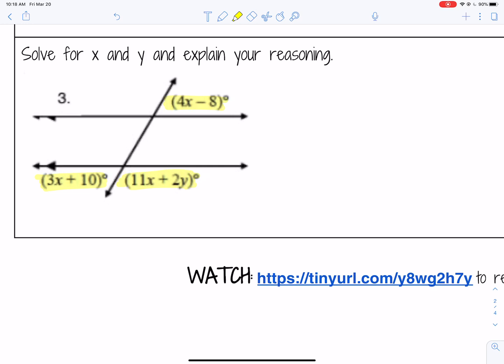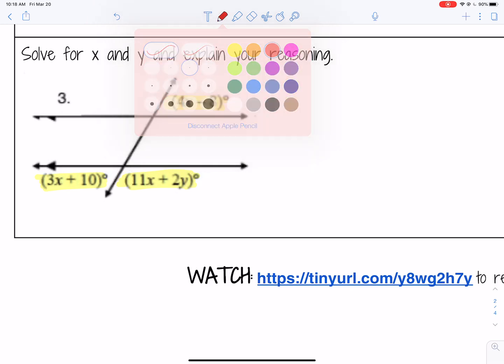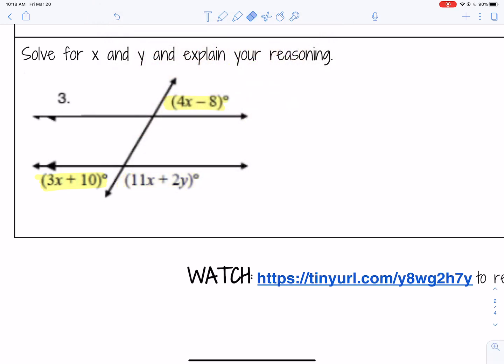So when you're looking at this problem, you can't solve for x and y at the same time. We need to use the ones that only have one variable involved, which would be those two. So 4x minus 8 and 3x plus 10, we can relate those two, and we'd be able to solve for x, and then we'll be able to figure out y because we know what x is equal to.